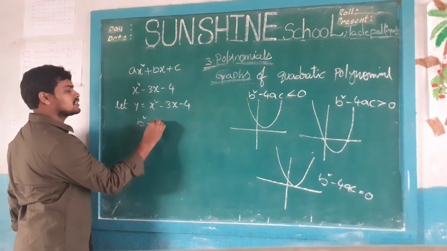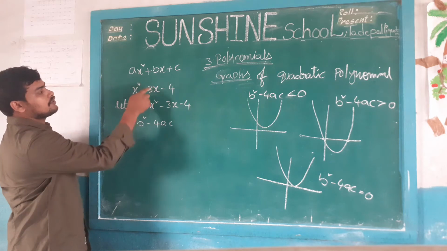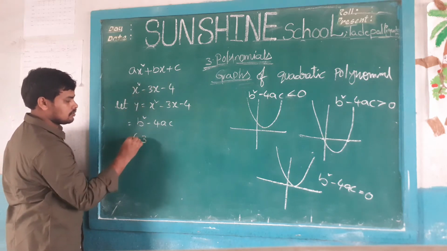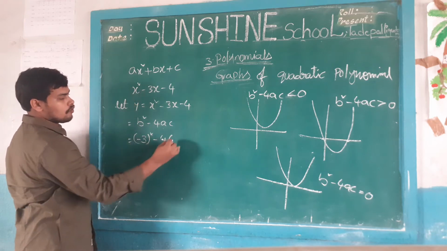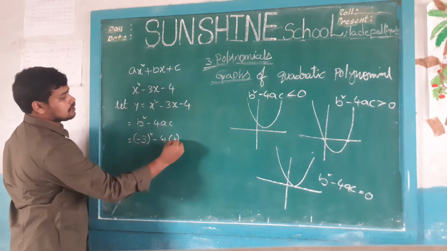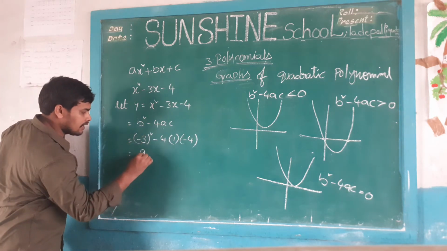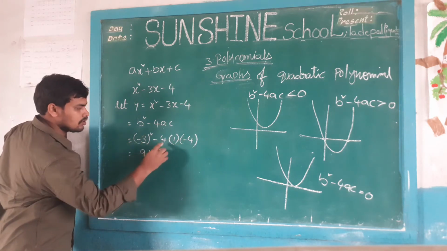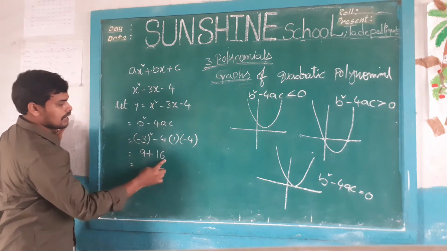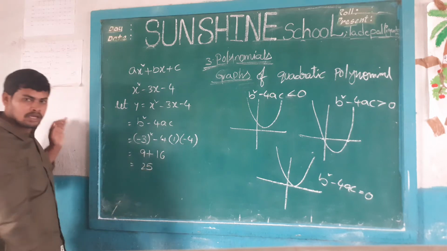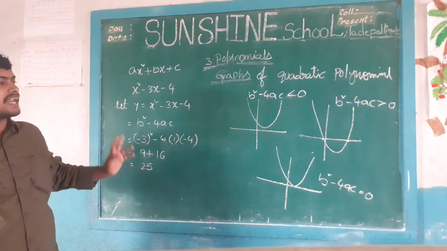The c value is minus 4. So first we calculate b square minus 4ac. Minus 3 whole square is 9. Minus 4 into 1 into minus 4, minus minus plus, 4 ones are 4, 4 times 4 is 16. 9 plus 16 is 25. Is 25 greater than 0, less than 0, or equal to 0? 25 is greater than 0.